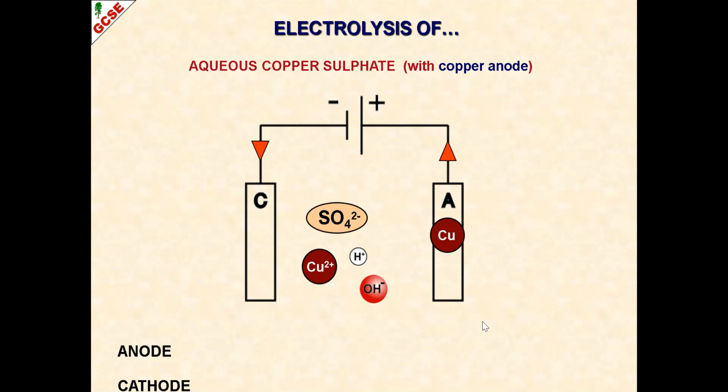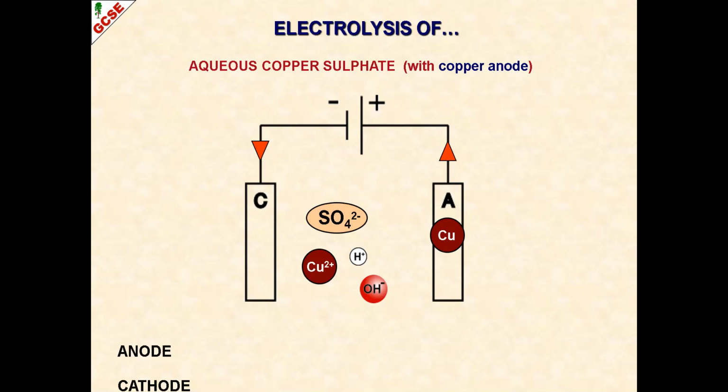Since copper ions will be preferentially discharged, as copper is below hydrogen in the reactivity series and has a greater ease of discharge, these copper ions are going to form copper. But where is it going to form copper? On the electrode.